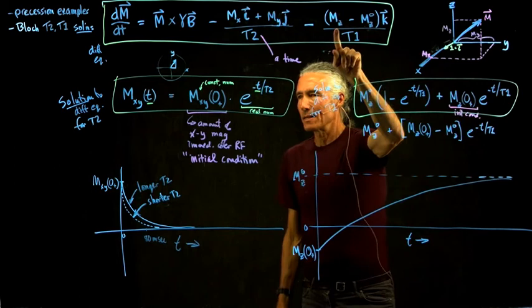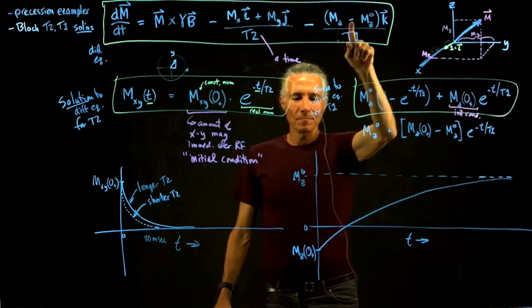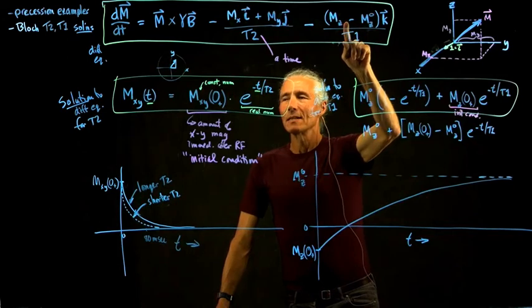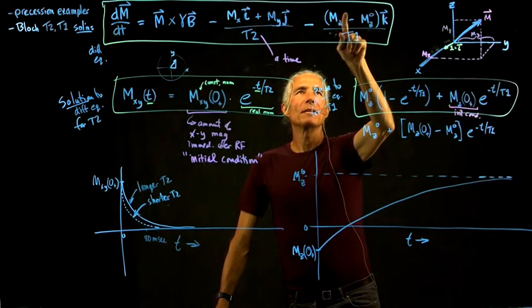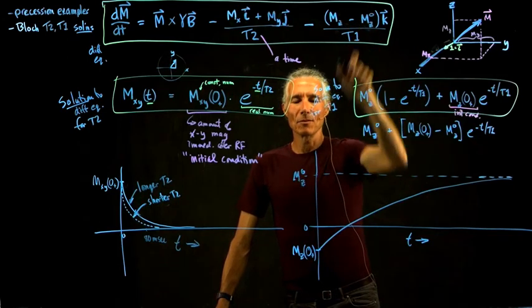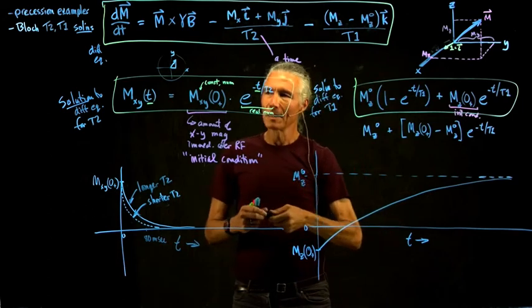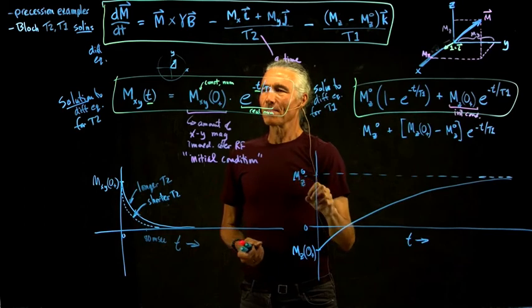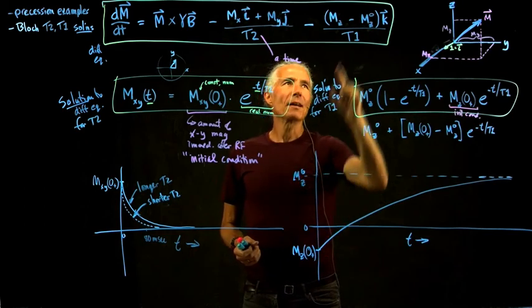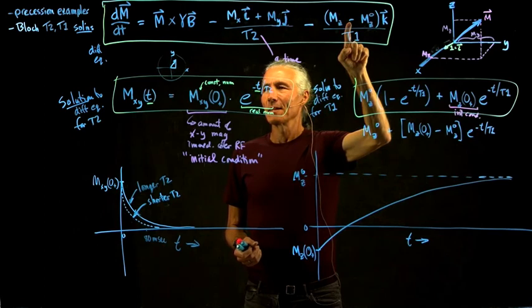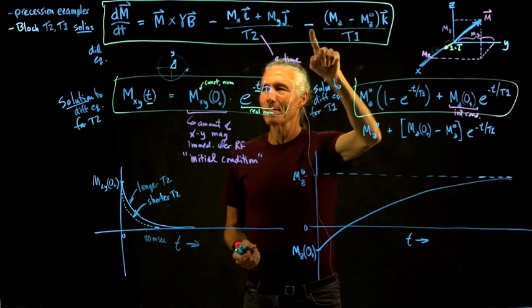what this equation does. So we have mz minus mz0. Here's mz0. If mz is less than mz0, then that number is going to be negative, and then we take the negative of it, that makes it positive.